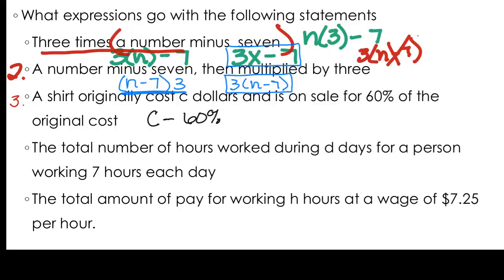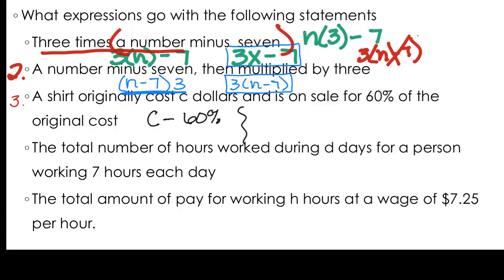What do you guys think of that? Mm-mm. 60% off the negative. You can't write it like that, with the percent. Why not? You have to write it as a decimal, I think. Yeah, because you're talking about 60% of something, right? So I like how you have C minus. So what did you have?